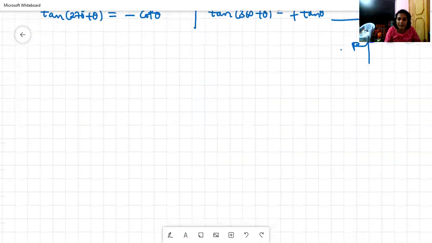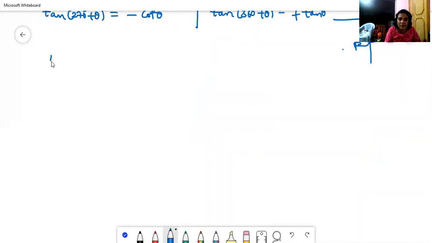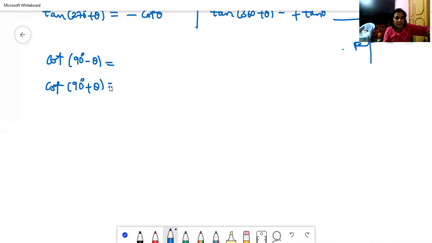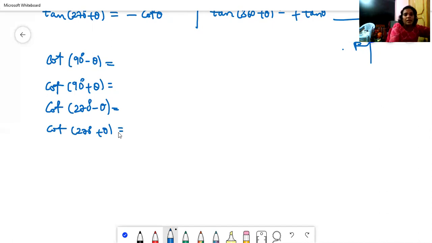The same way, cot also. Cot of 90 degrees minus theta, cot of 90 degrees plus theta, cot of 270 degrees minus theta, cot of 270 degrees plus theta.